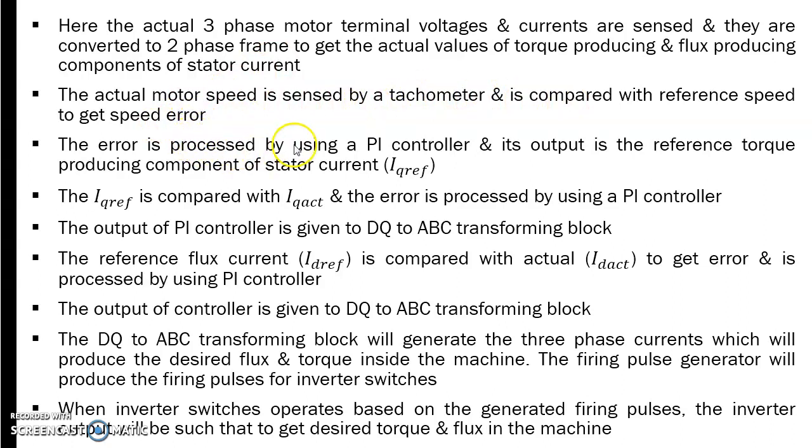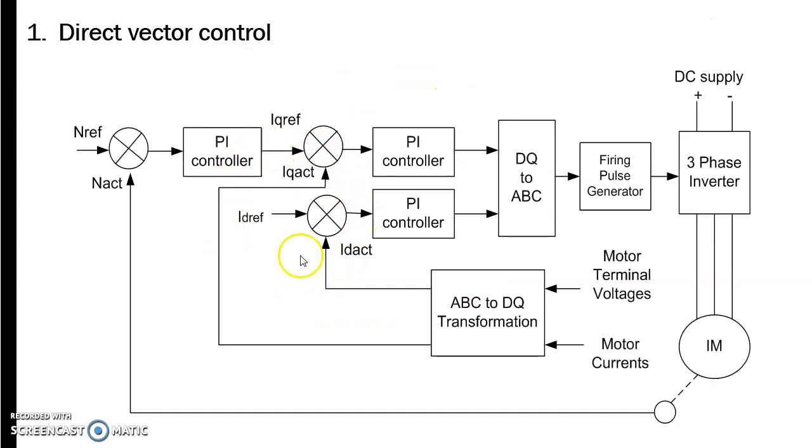The error is processed by a PI controller and its output is the reference torque producing component of stator current, that is IQ reference. The IQ reference is compared with the actual value of IQ and the error is processed by a PI controller. The output of the PI controller is given to the DQ to ABC transforming block. Similarly for ID. You can go through this explanation and you should have an idea about this block diagram.